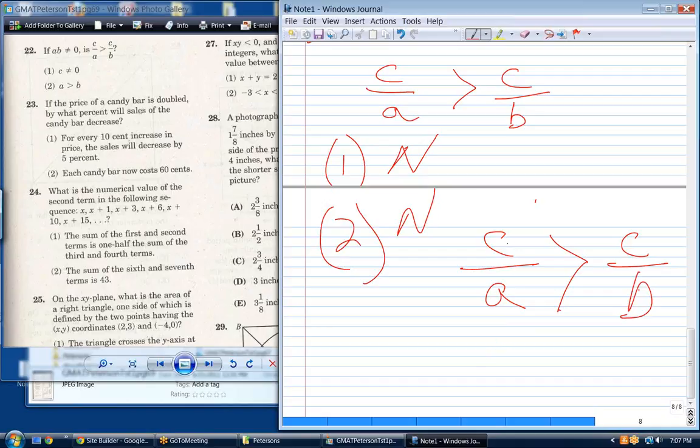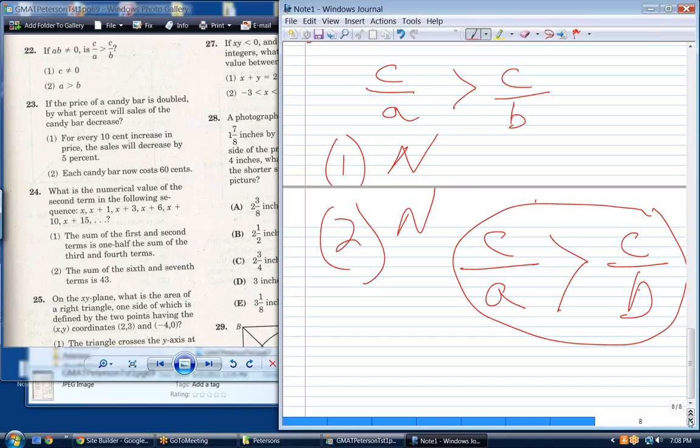It would be less if C was negative. In other words, it would be consistent with positive values for A and B if C were negative. But you can't guarantee that C is negative. C can certainly be positive. So if C is positive or negative, then this alone does not answer that question.